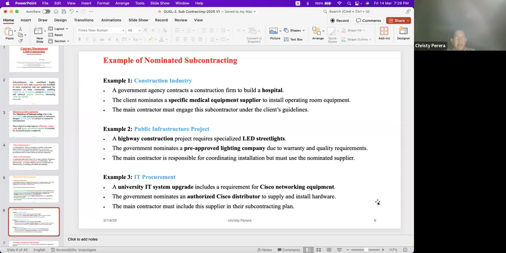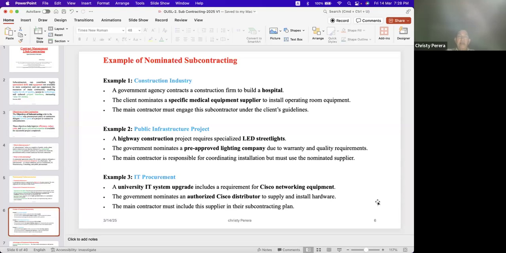So that person is the nominated subcontractor. The government nominates, right? The procurement entity or government nominates a pre-approved lighting company due to warranty and quality requirements. Due to warranty and quality requirements, the client has already selected a pre-approved lighting company.